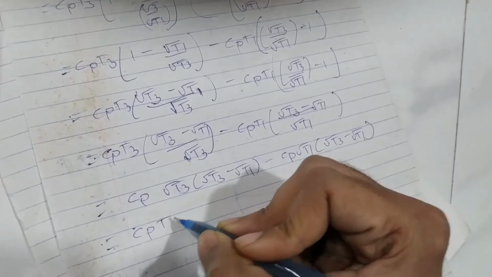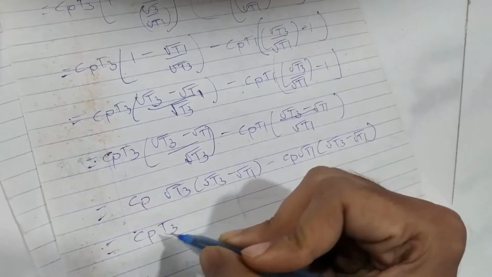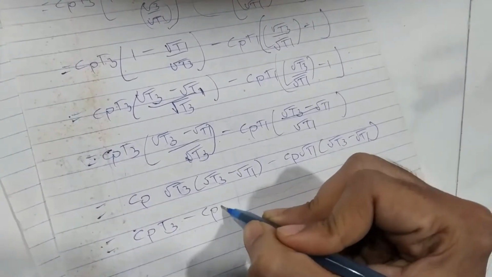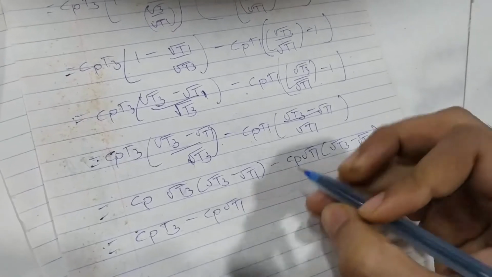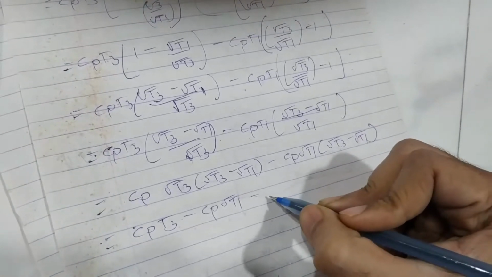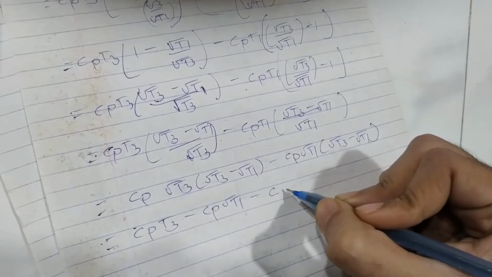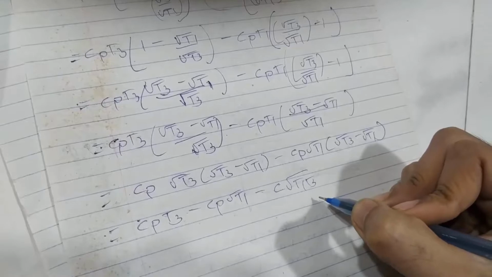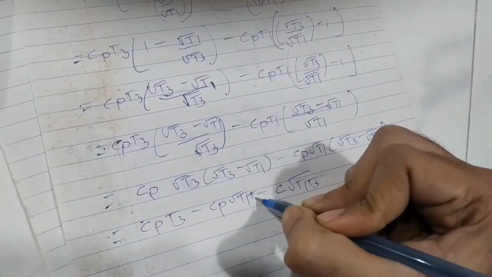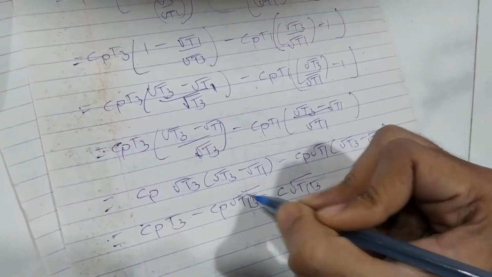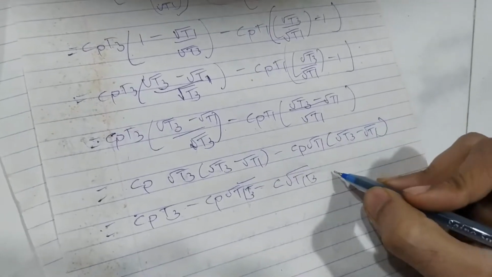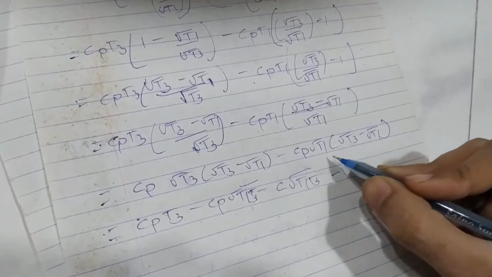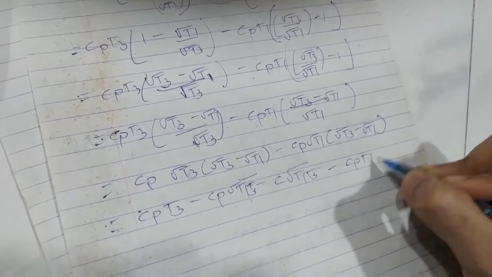Root T3 into root T3 is equal to normal T3, minus Cp root T1 into T3, minus Cp T1 root T1 into root T1 is equal to T1.